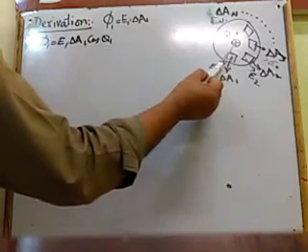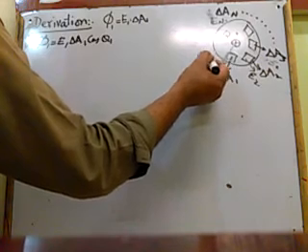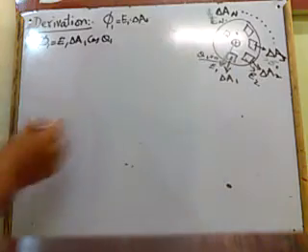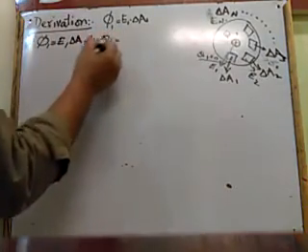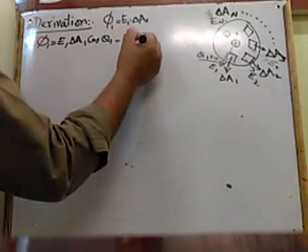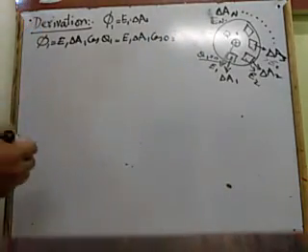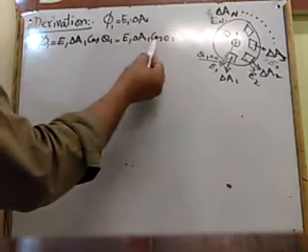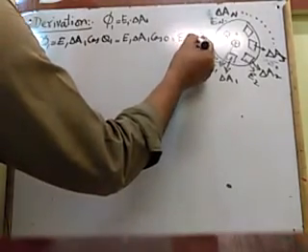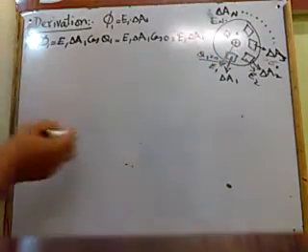The angle between these two directions is theta 1, which is equal to 0 because of the same direction. So we put E1 delta A1 cos 0, and we know that cos 0 is always equal to 1, so we can finally write E1 delta A1 for this small flux.